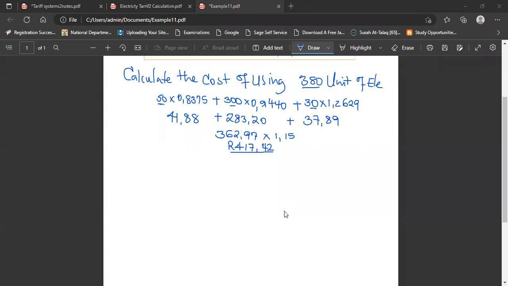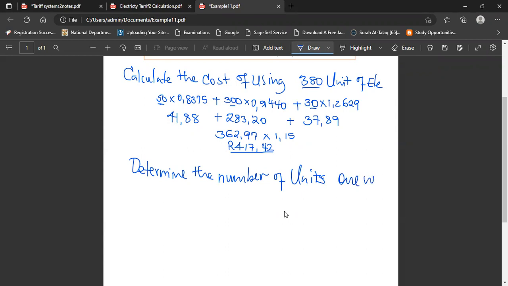All right, let's look at this scenario whereby we determine the number of what? Units.